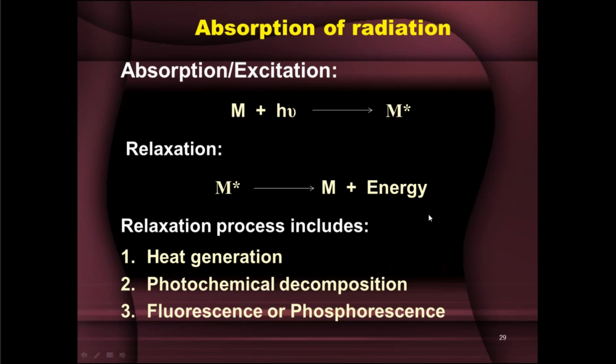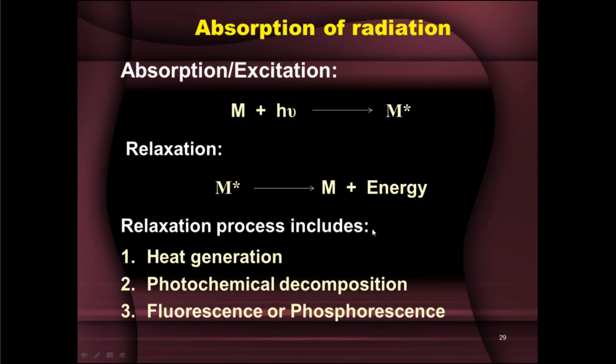So when this process of relaxation occurs, the energy that is given out is distributed to other molecules in solution. The other molecules predominantly are the solvent molecules because it's a dilute solution of the analyte.